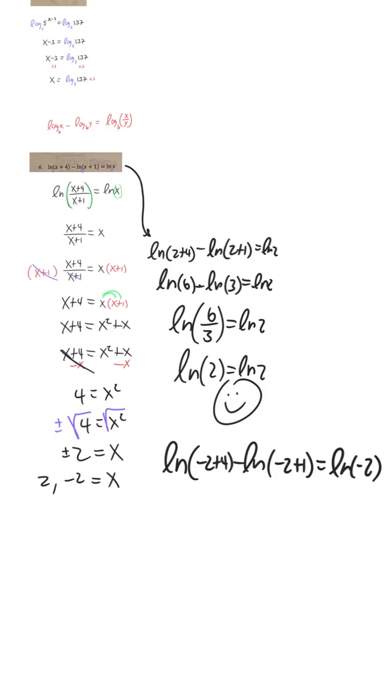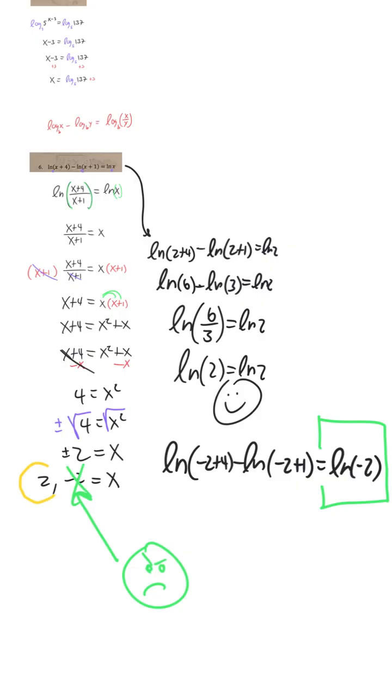So we already have a problem here because you're just simply not allowed to take the logarithm of a negative number. So we can therefore conclude that negative 2 won't work. And therefore we can obnoxiously cross it out. And the only answer that works is positive 2. Hopefully that makes sense.